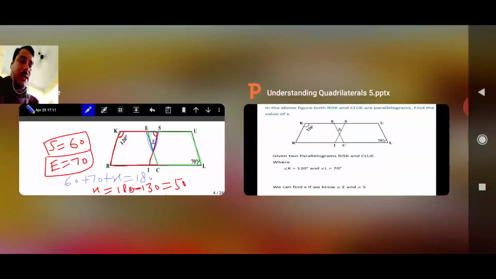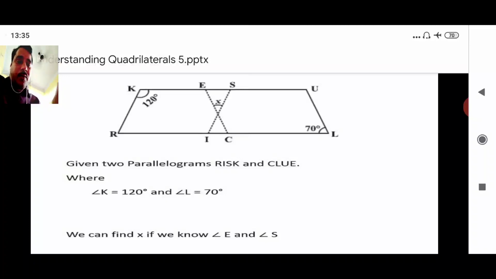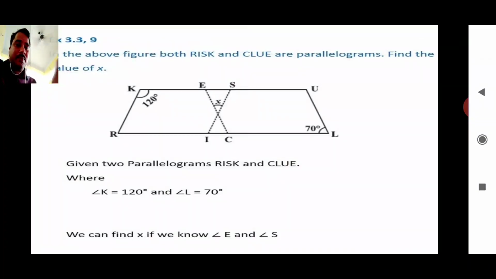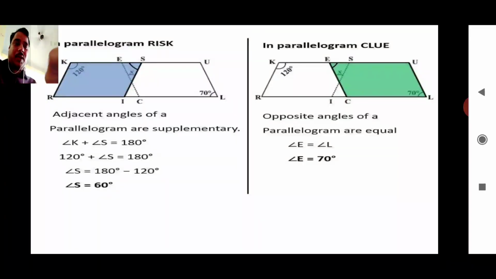You can see the solution here. Given two parallelograms, RISK and CLUE, K equal to 120 and L equal to 70. We can find x if we know angle E and S. We first have to know the value of angle E and angle S. Here in parallelogram RISK, K and S, adjacent angles of a parallelogram, are supplementary.